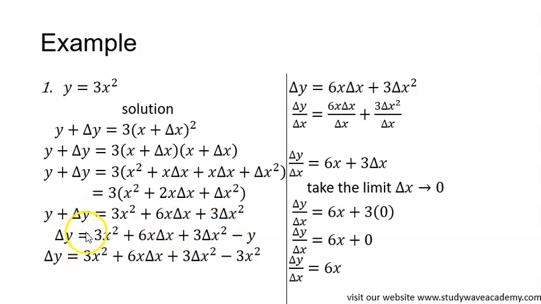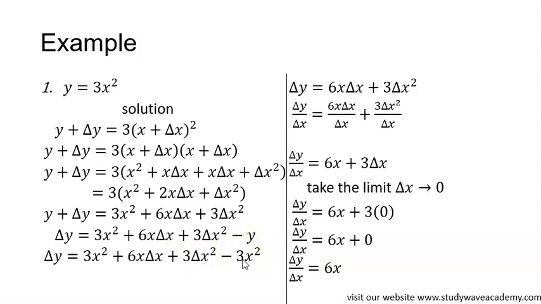Now we move y over this way, okay? So we have the change of y is equals to 3x squared plus 6x the change of x plus 3 the change of x squared minus y. But y is equals to 3x squared. So we impute 3x squared in replacement of y, okay? So the change of y is equals to 3x squared plus 6x the change of x plus 3 the change of x squared minus 3x squared.